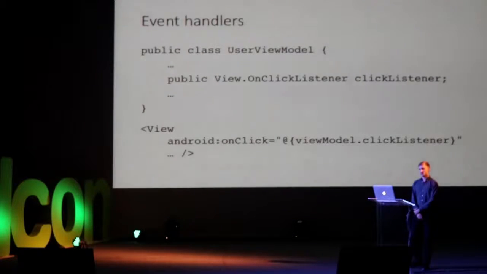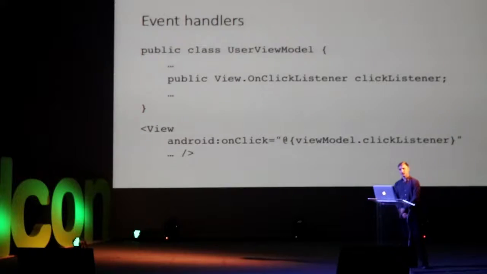Then you can just reference that in the onClick. It's not even necessary to use View.OnClickListener to deal with clicks, because the signature of the method just needs to be the same. If you create a method that takes in a view parameter, that can handle the click.